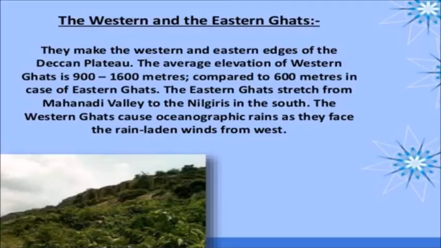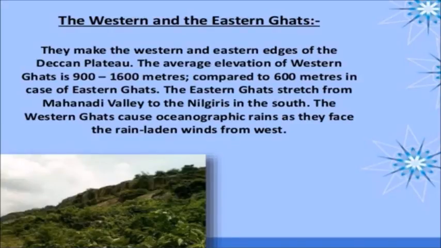This is also part of the plateau only. The average elevation of the Western Ghats is 900 to 1600 meters compared to 600 meters for the Eastern Ghats. The Eastern Ghats stretch from the Mahanadi Valley to the Nilgiri in the south.